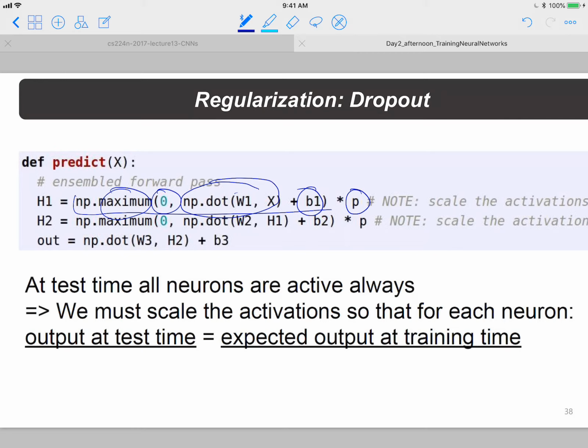It doesn't matter, but we always apply the multiplication by the dropout probability, right?